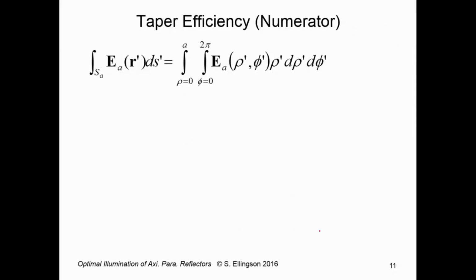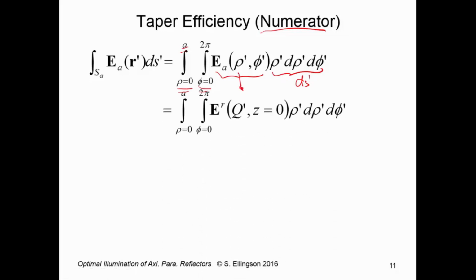Now we want to integrate over that to get the expression in the numerator for the taper efficiency expression. So here we go. We're integrating over rho from 0 to a, which is the radius of the aperture, and phi from 0 to 2 pi. The aperture fields, and then this is simply ds prime in the cylindrical coordinate system. We replace E sub a with the GO reflected field. We note from the geometry of these reflectors that rho prime equals 2 times focal distance times the tangent of theta sub f divided by 2.